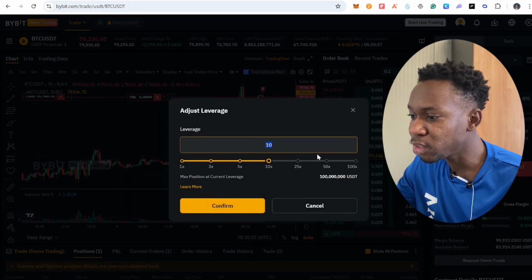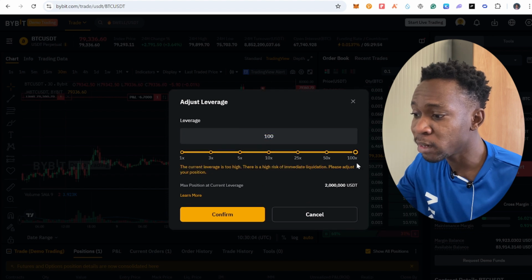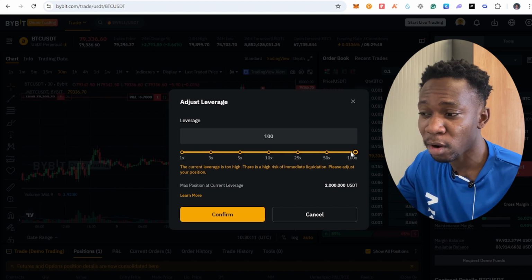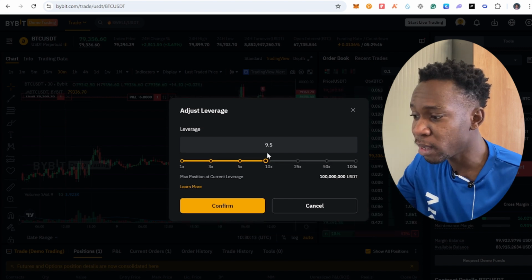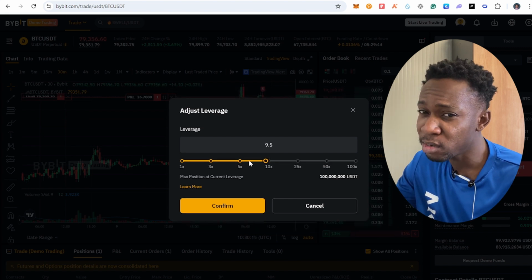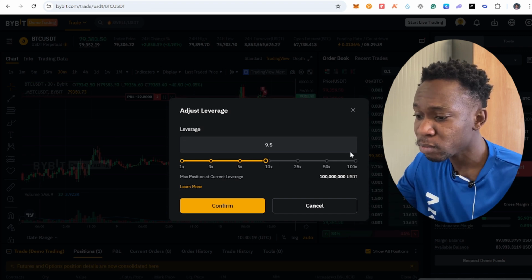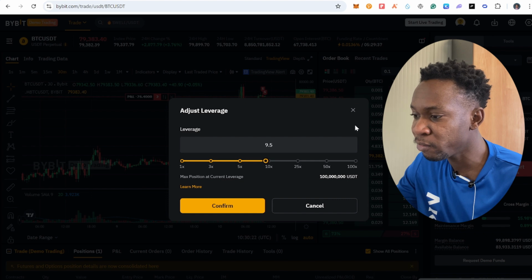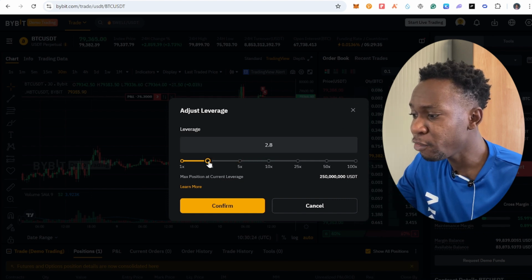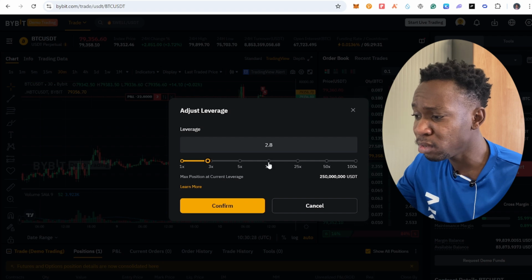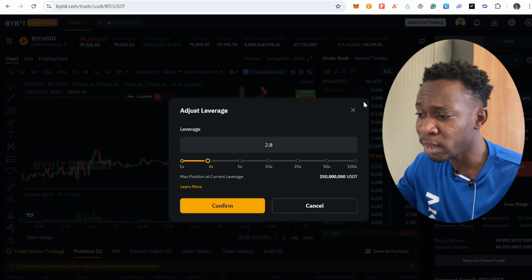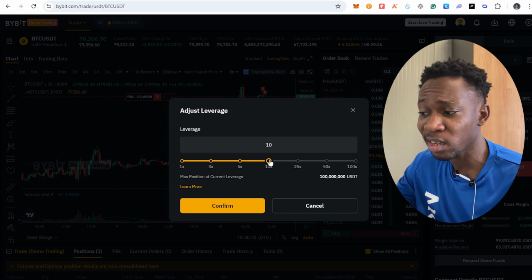You have leverage up to 100x. So remember, the higher leverage you are using, the more risk you are taking. If you are using 10x leverage, you are taking risks, but it's not like 100x. You see the second order is being filled, and if you are using 3x or 2x, you are not taking as much risk as using 10x, but you are still taking risk.